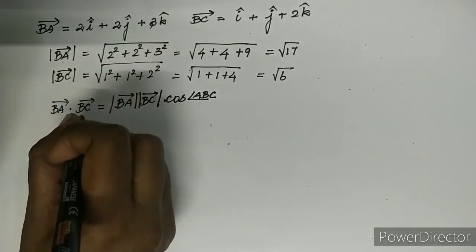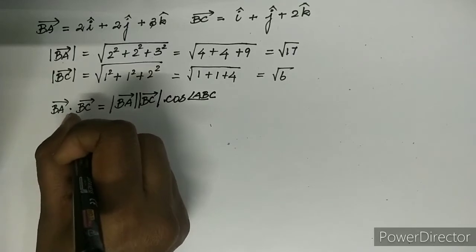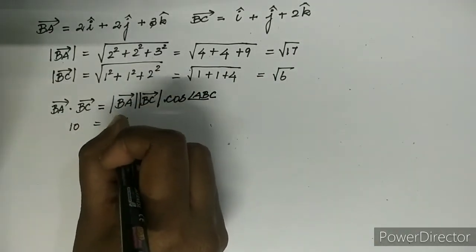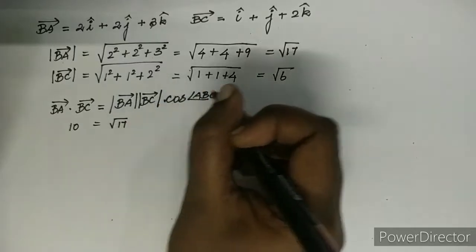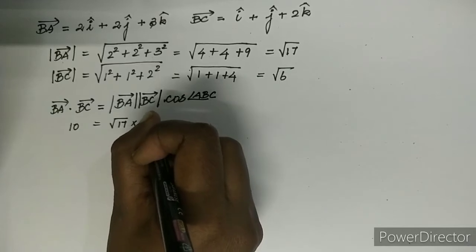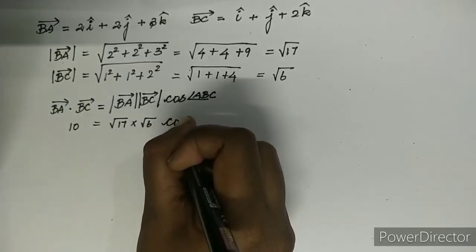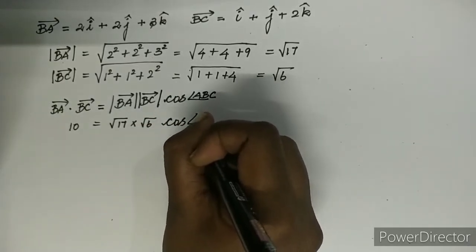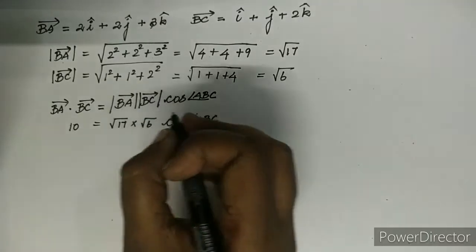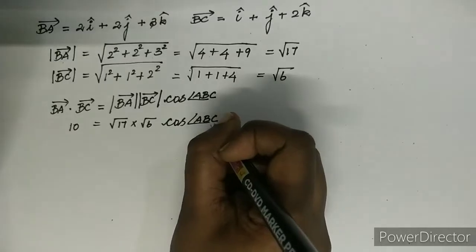Our BA vector dot BC vector is 10. Magnitude of BA vector is root 17 and magnitude of BC vector is root 6. Cos angle ABC. Now we are going to find angle ABC.